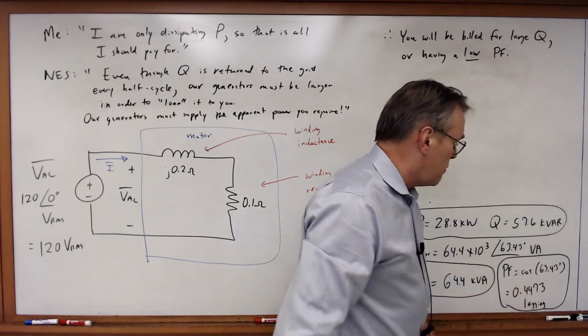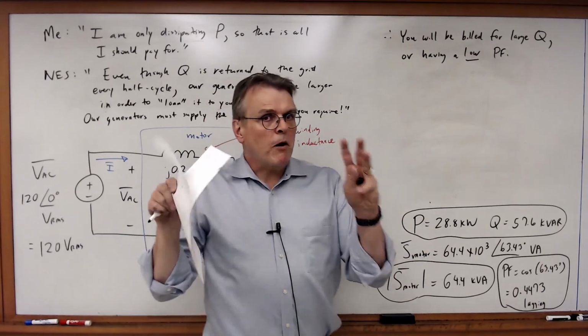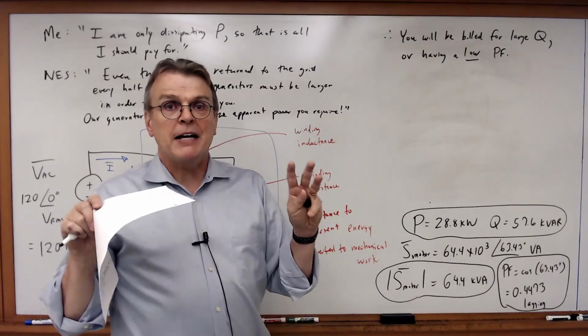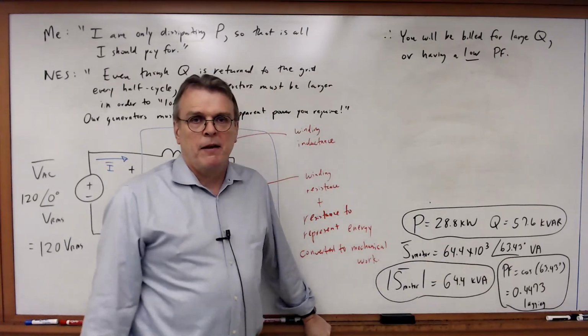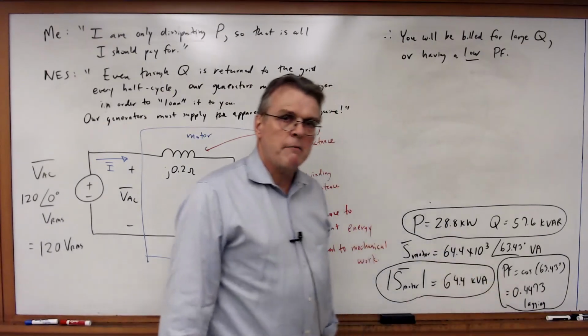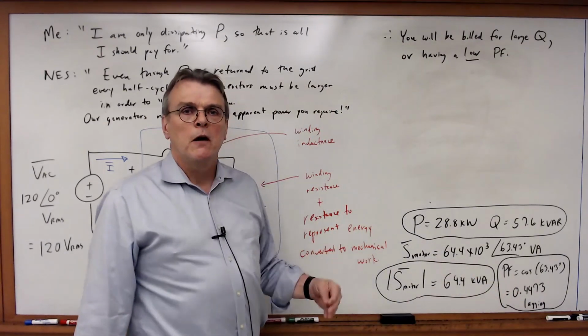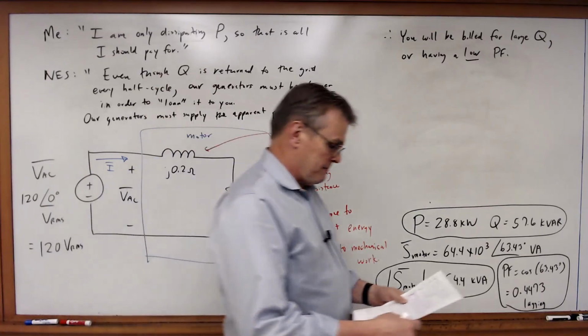Our power factor is only 0.4473. If we had a perfectly resistive load, an ideal load with no reactance, we'd have a power factor of unity. And from NES's point of view, you need to increase that power factor. Your power factor is too low. You have too much Q. So you've got to fix that.